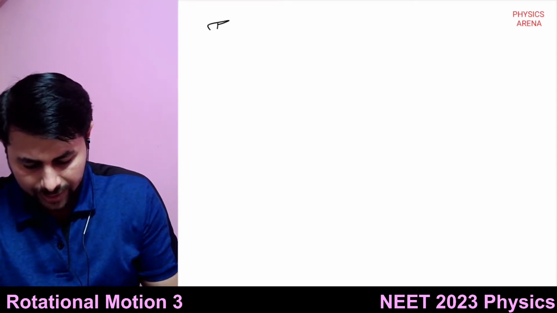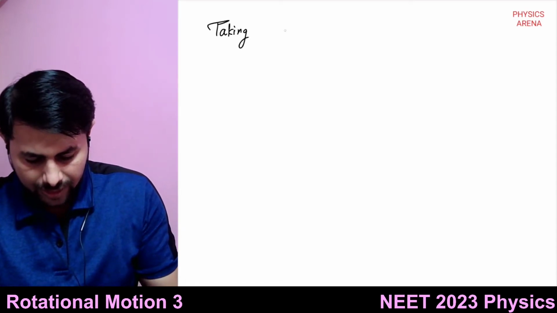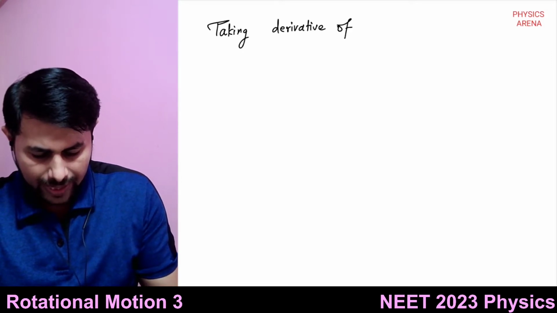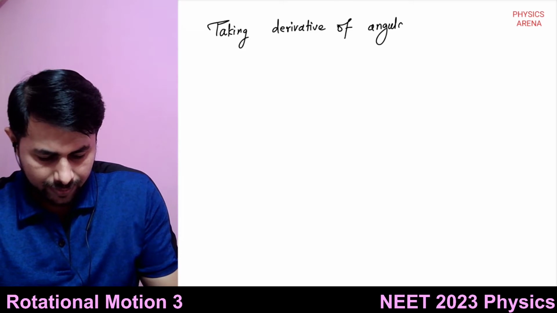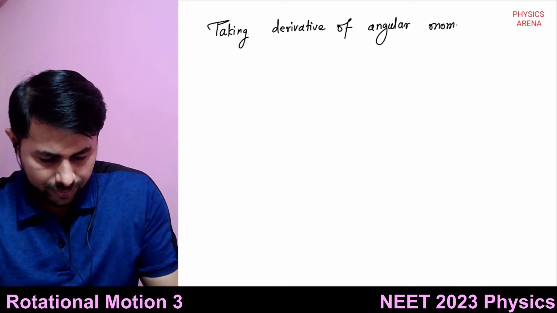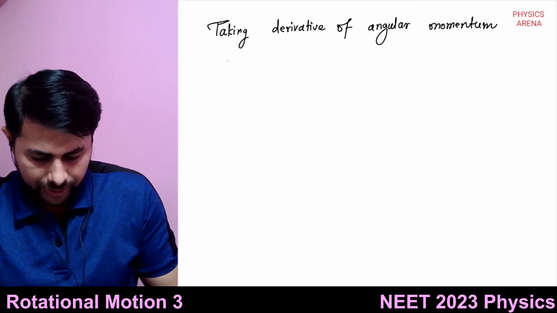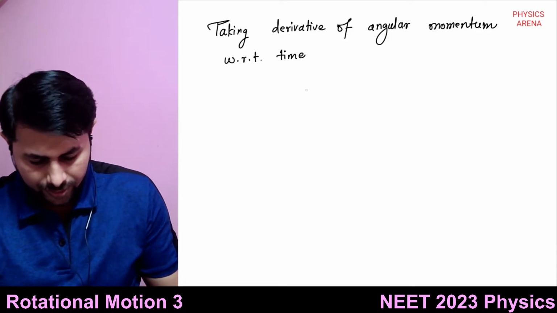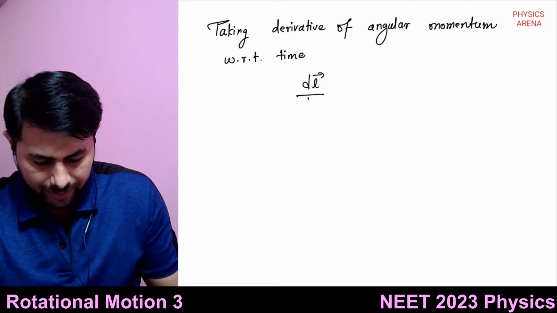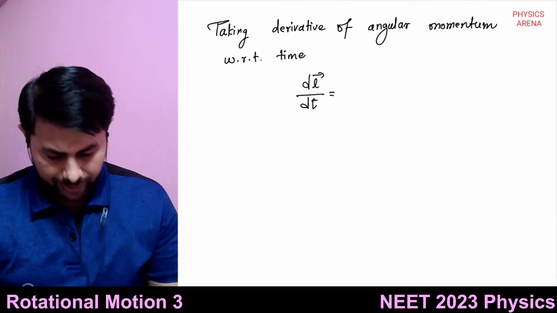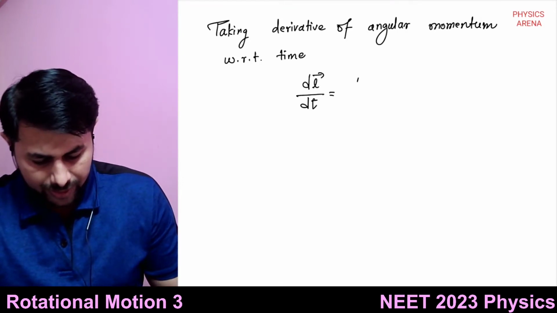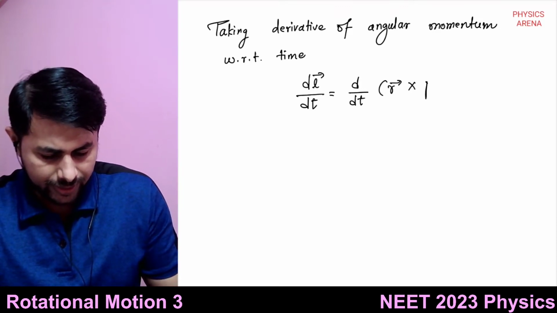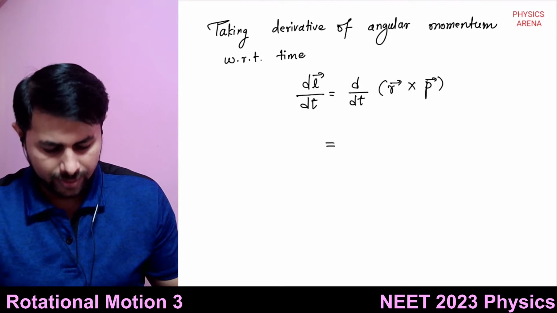Taking the derivative of angular momentum with respect to time, what do you get? It's dL bar by dt, and it's equal to d by dt of r bar cross p bar.